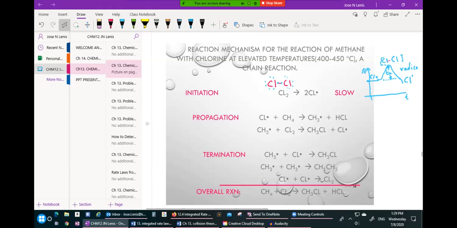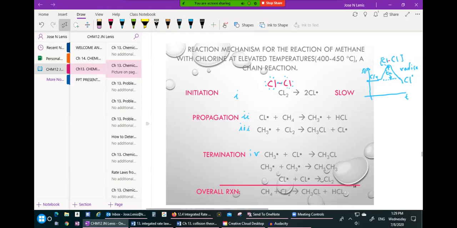So notice that this reaction can be described in 2 different steps. First step, second step. Actually, here we have another step. And here we have more steps.